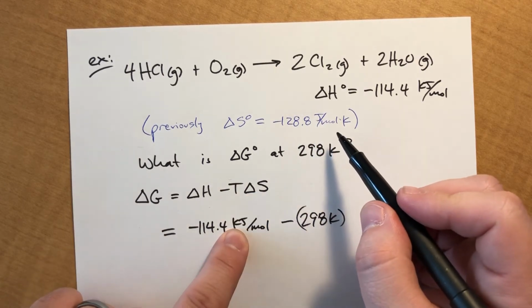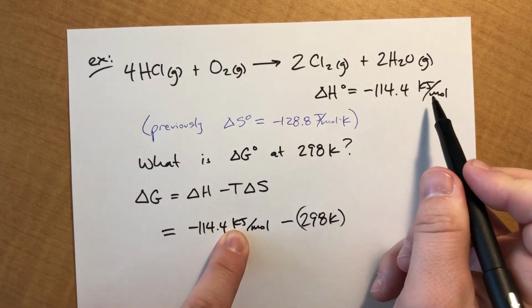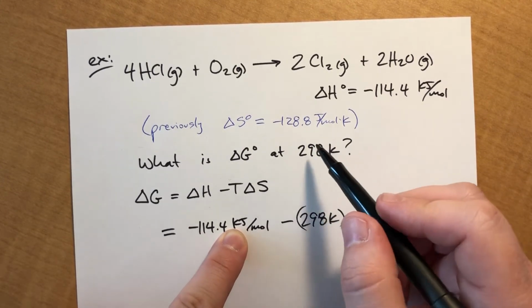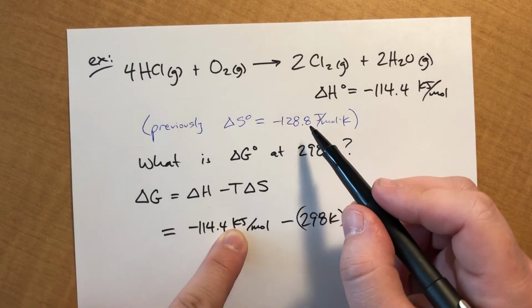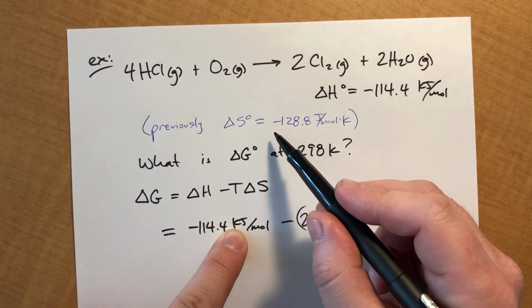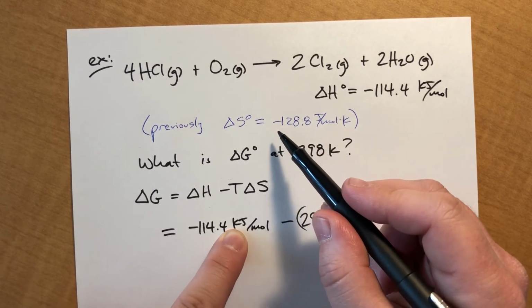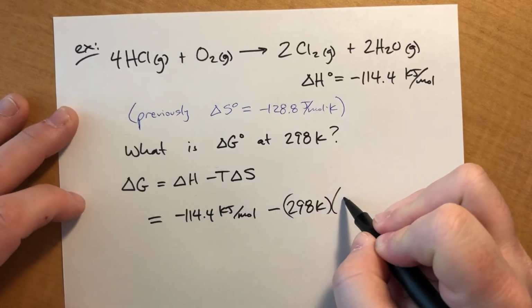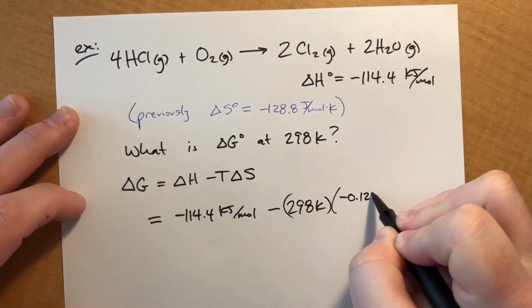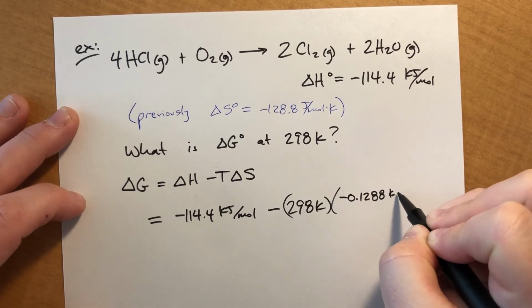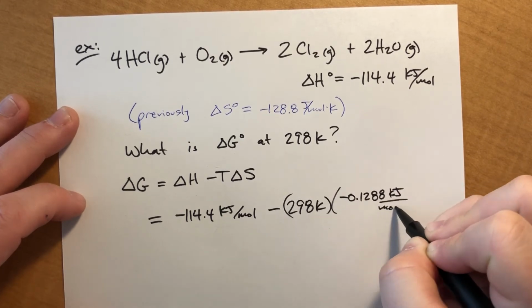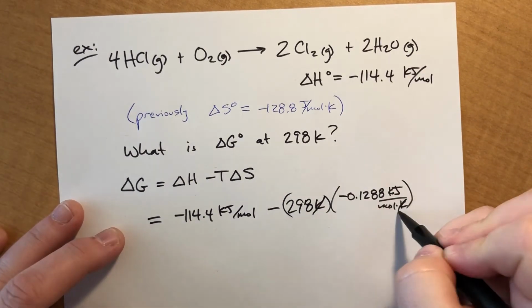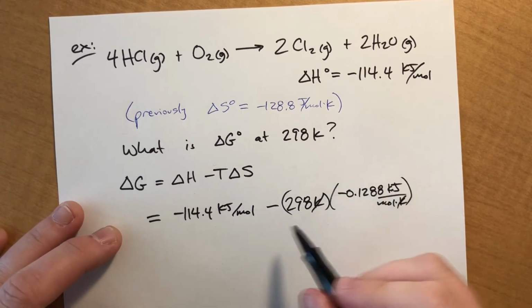This is kilojoules and this is joules, so we need one of these two to be changed. I'm going to convert this to kilojoules, which means I divide by 1,000, so this is negative 0.1288 kilojoules per mole Kelvin.